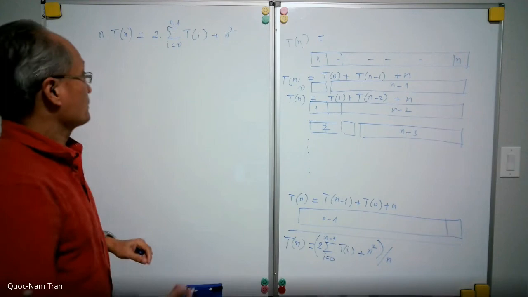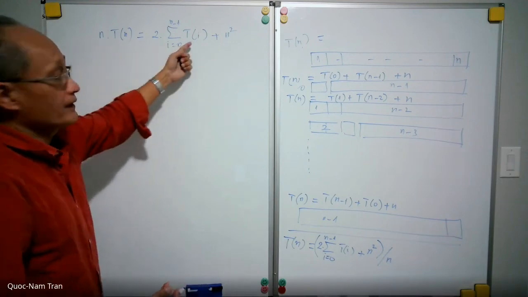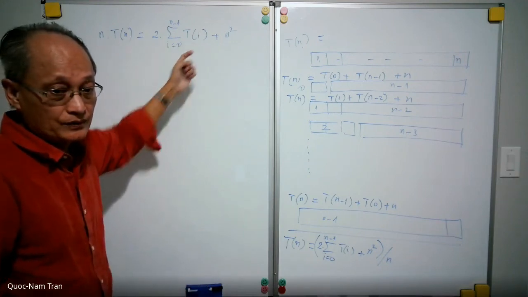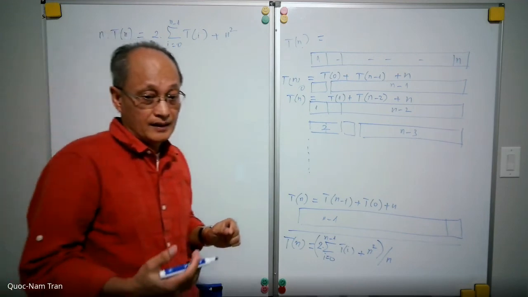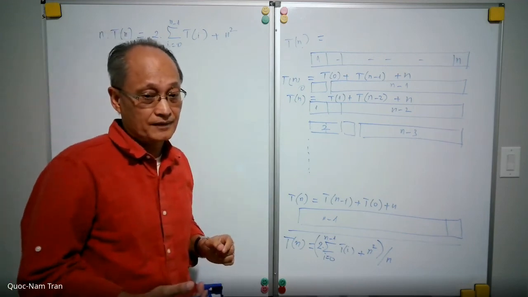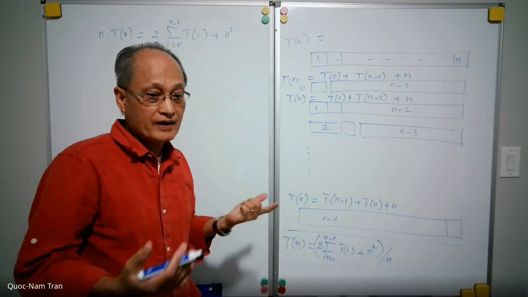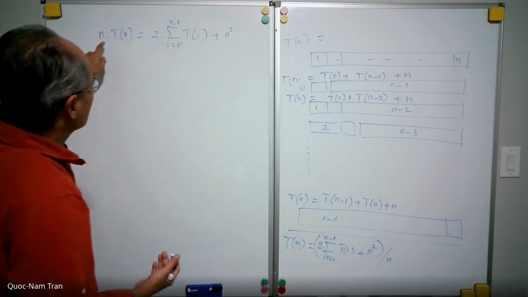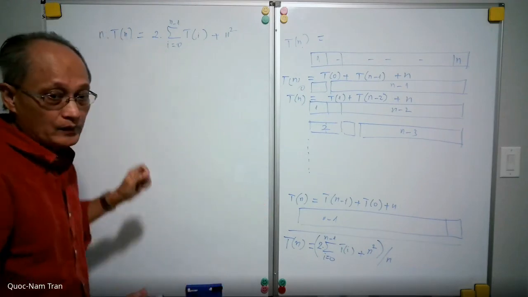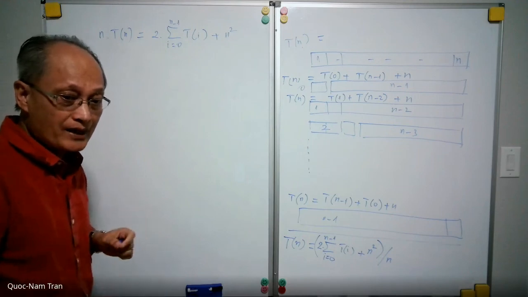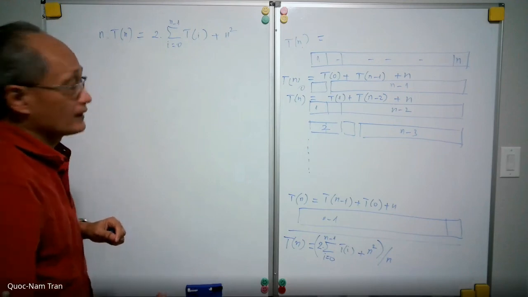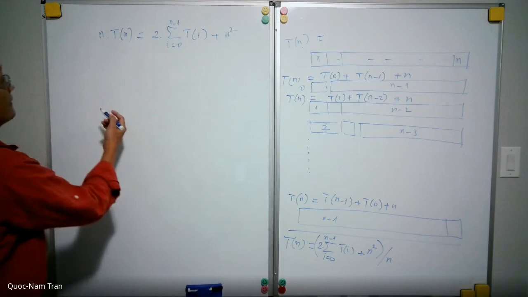In order to get rid of this, I will use a technique for getting rid of the sum. It's very simple. Here is Tn, and I will substitute n by n minus 1. What will I have?